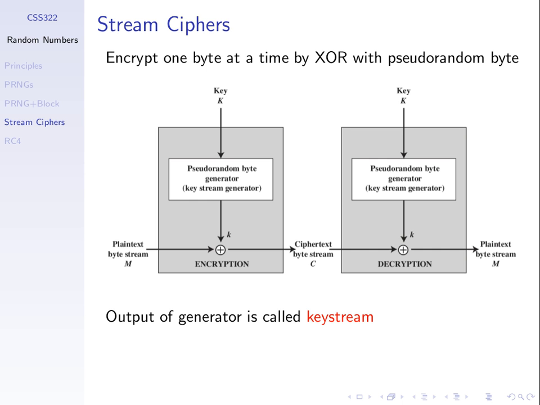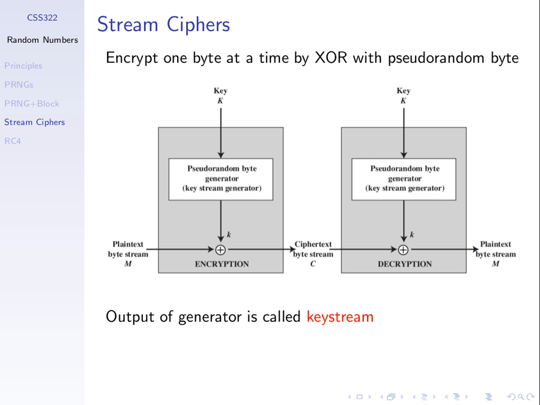They differ by how this block is implemented, the pseudo-random byte generator. And decryption is easy. We take the same key, the same generator, and we simply XOR the ciphertext with the same value here, and we'll get the plaintext, because the XOR operation is an inverse of itself.